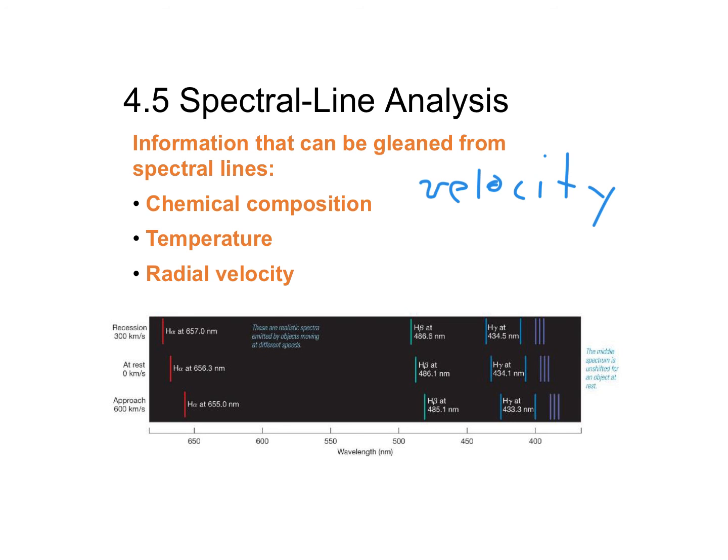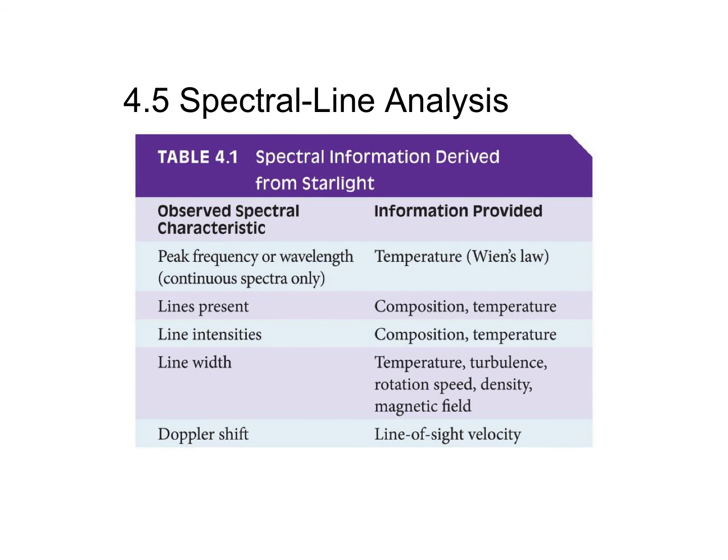So just by looking at the different colors and intensities of light coming from different stars, we can tell a lot about them. And here I've included a chart from your textbook which summarizes all these different things that we can tell and how we can tell them.